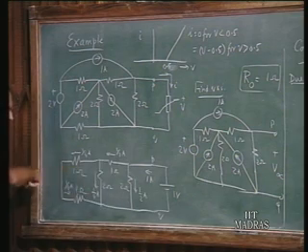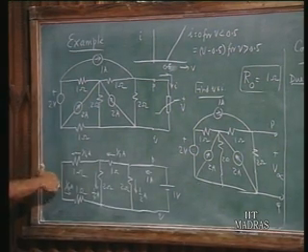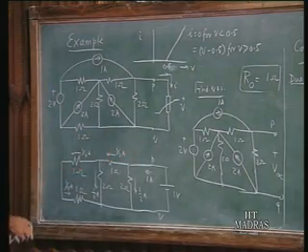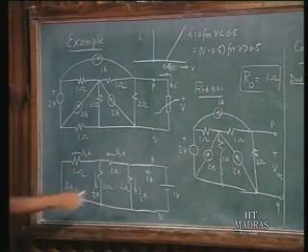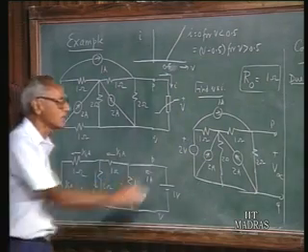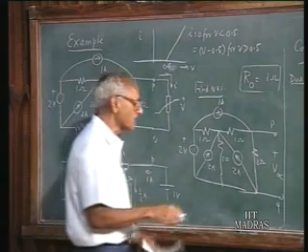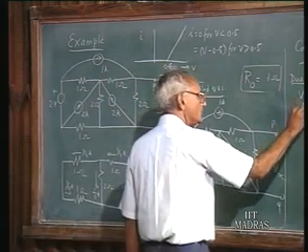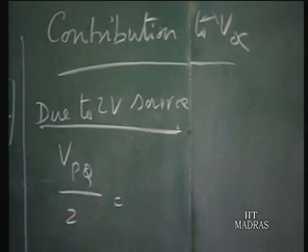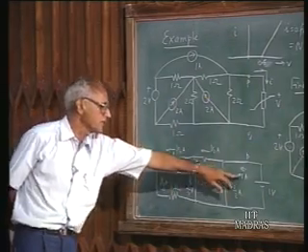That means the current ratio, this is a 2-port network, the short circuit current ratio in one direction equals the open circuit voltage ratio in the other direction with a negative sign. So we know the current and this current, so this current ratio will tell us also the open circuit voltage ratio here. Therefore, due to that we can say VPQ divided by 2 must be equal to 1/4 divided by 1 ampere.